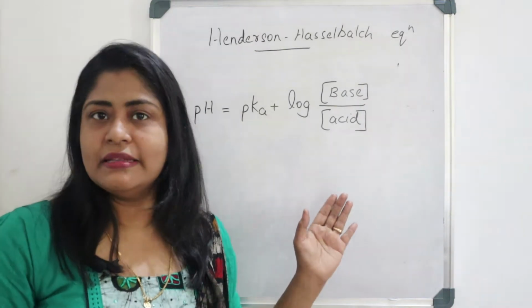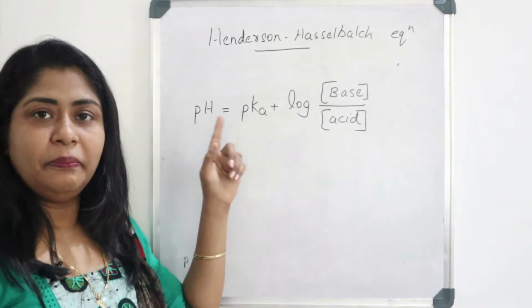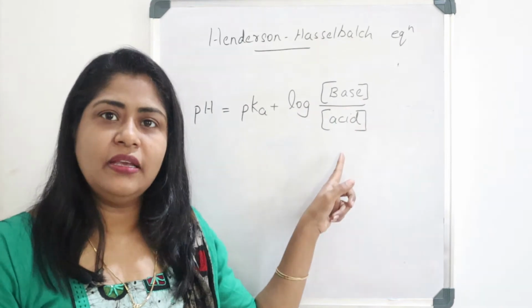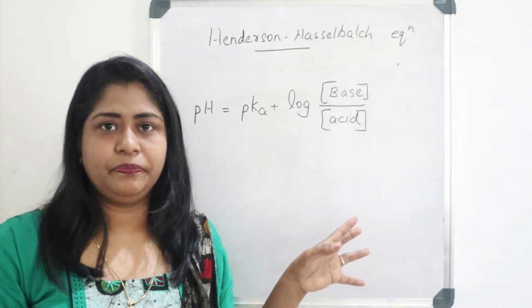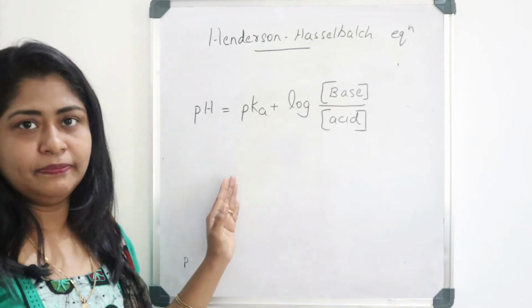So that's about the Henderson Hasselbalch equation, which gives a relation between the pH, the pKa of a weak acid, the conjugate base and the concentration of acid.